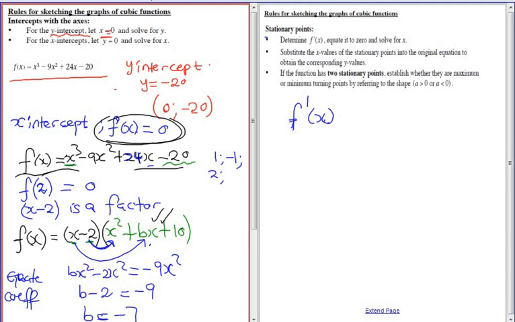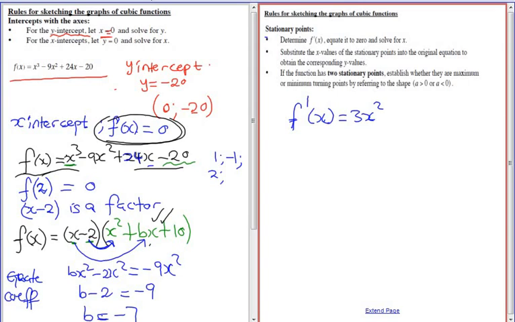Derive it. You should get 3x squared, negative 18x, and of course, that one will be plus 24. That should be simple. And then you say at stationary points or turning points, the first derivative is supposed to be equal to 0, like that.